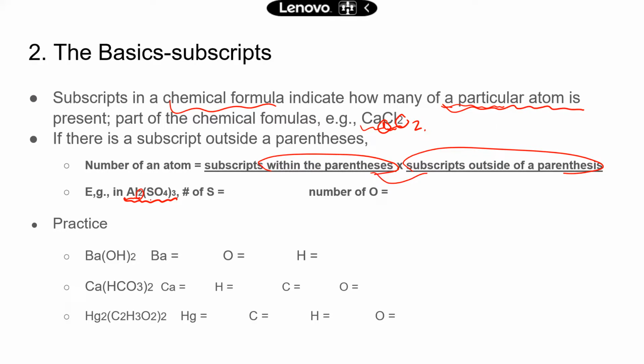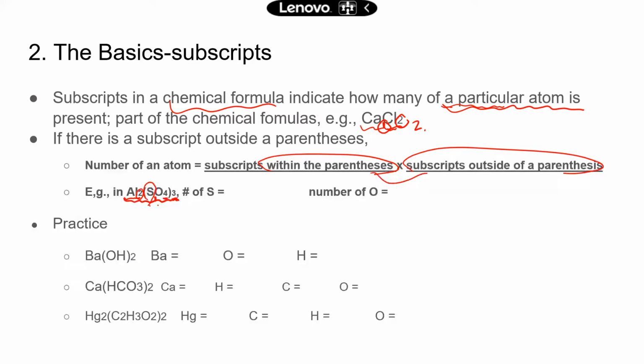But when you look at the sulfate, you can see that there's a 4, a subscript within the parenthesis, and then you have a 3 right outside the parenthesis. So now you need to multiply the two subscripts. The subscript for sulfur within the parenthesis is 1, because you don't see a number there, so that indicates it's 1.